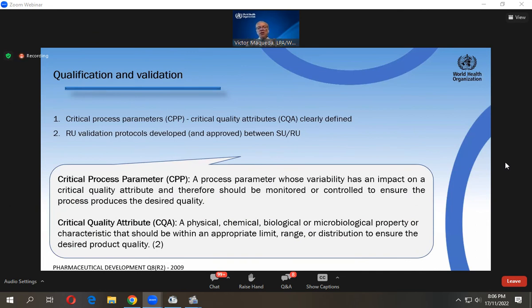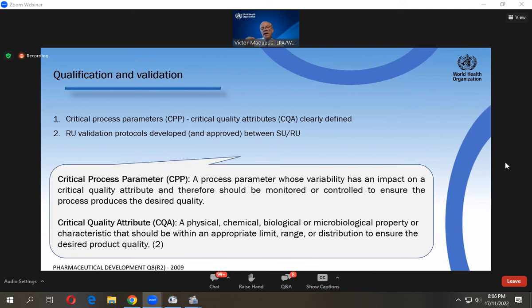So this is just a reminder what these two terms mean. The critical process parameter, whose variability has an impact on the attribute and therefore should be monitored or controlled to ensure process produces the desired quality. So these critical process parameters are the ones that would definitely affect the process.